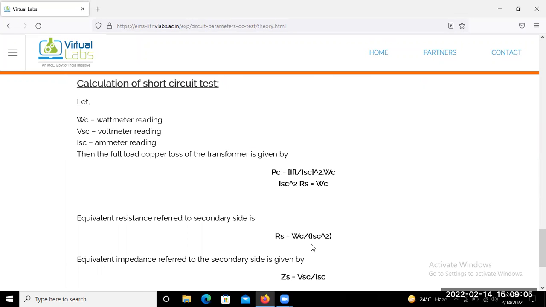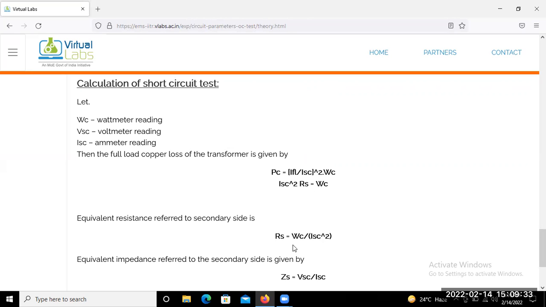Next we find the equivalent impedance referred to the HV side. Impedance can be written as voltage by current. So Z_E equals V_SC, the supply voltage, divided by I_SC, the short circuit current. Okay, so you get the values of resistance and impedance.